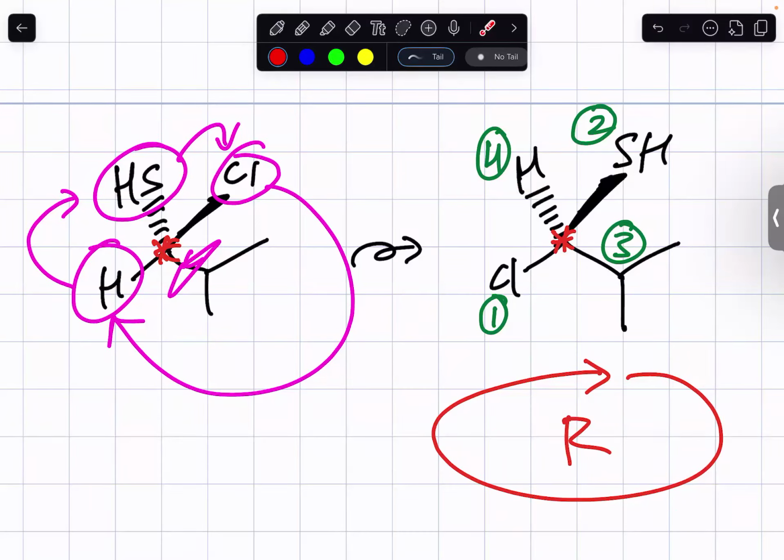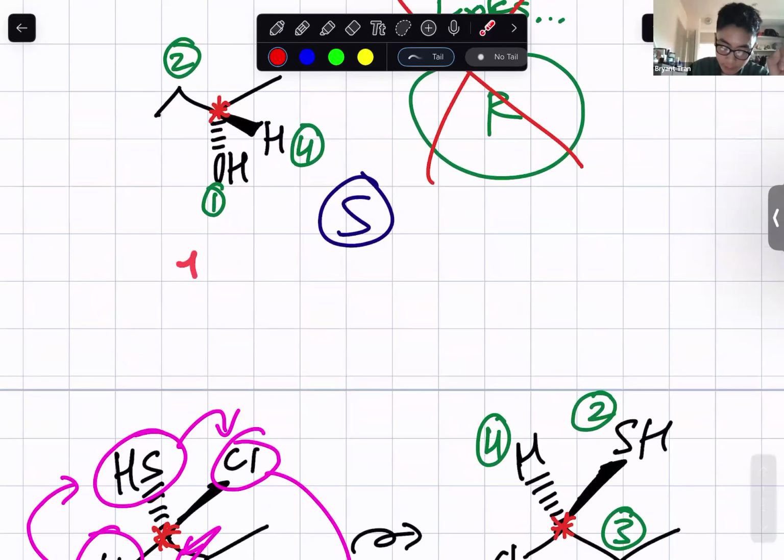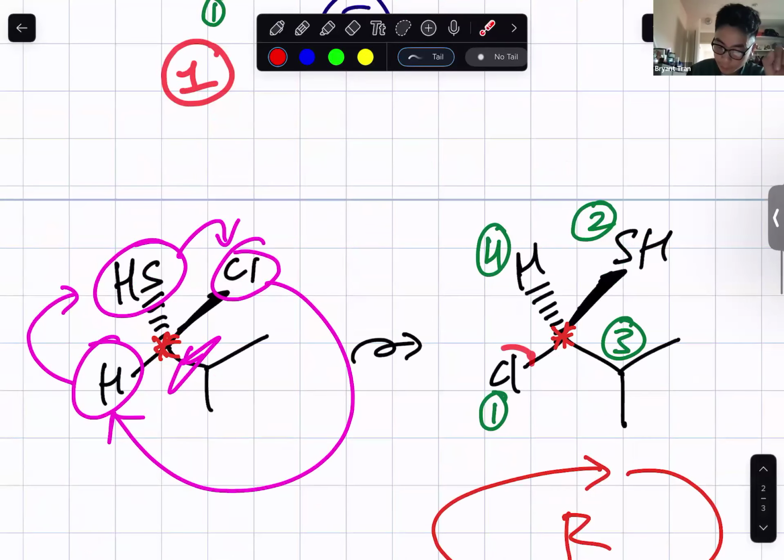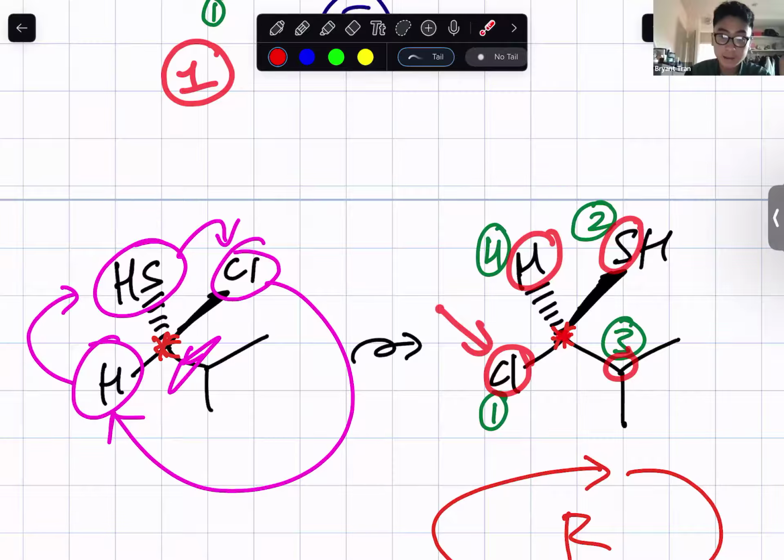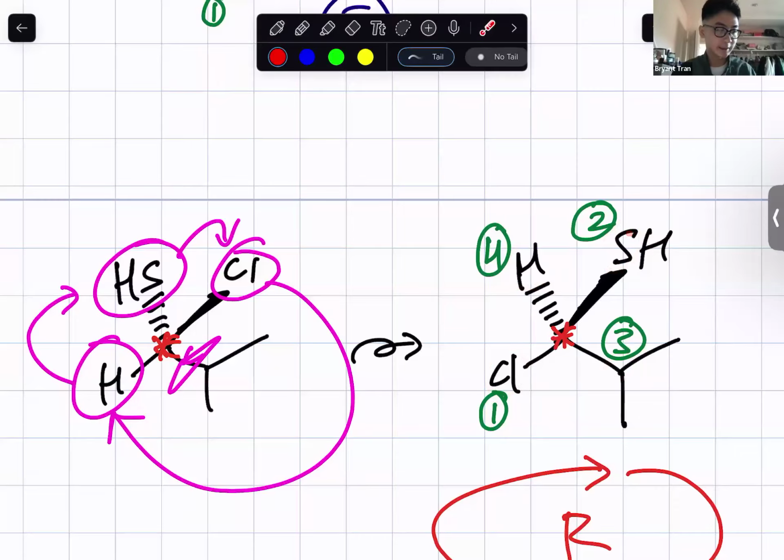Correct. Why? Because hydrogen has the lowest atomic number. If you look at the periodic table, hydrogen has an atomic number of 1, and when we assign the priority group, we look at the atomic number of each atom attached to the chiral center. Chlorine here has the highest atomic number, so that's why it's priority group number 1. Let me double check the periodic table with you really quick.